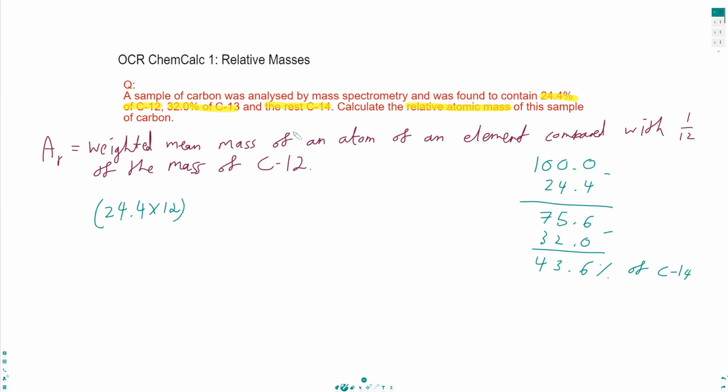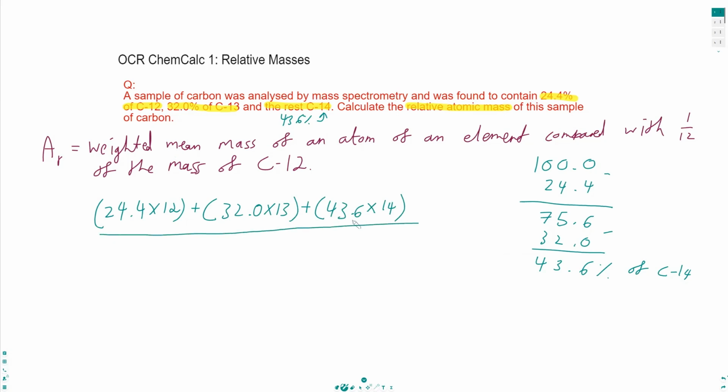Now you would multiply 43.6% by its mass number. So what you do here is 24.4 times 12, 32.0 times 13, and 43.6 times 14. Then you add them all up together, and since these are percentages, you divide all of that by 100.